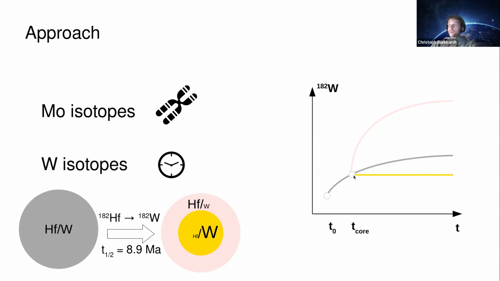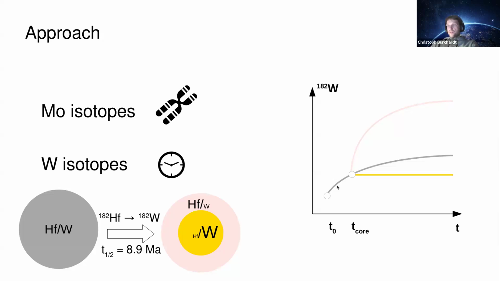So we can calculate the age when this body had this isotope composition, and we can infer the timing of core formation. And from that, we can infer with a model again what the accretion time of the body might have been.